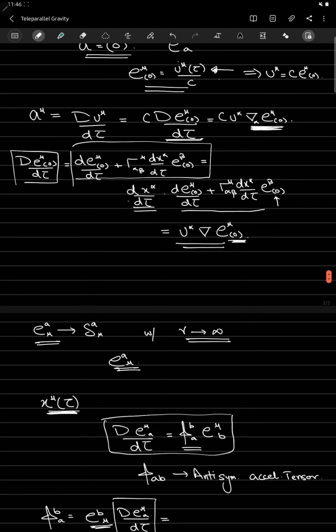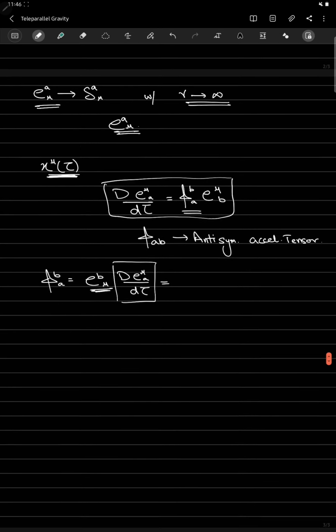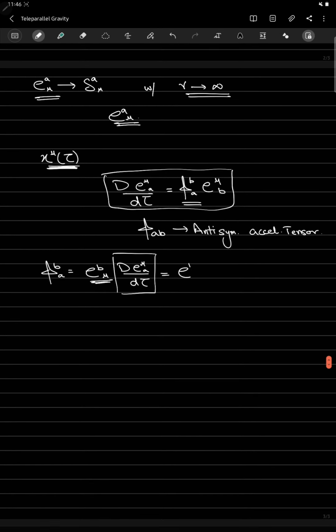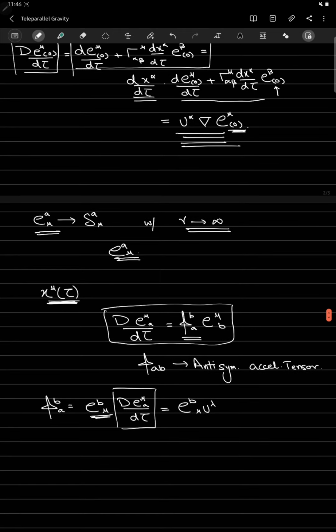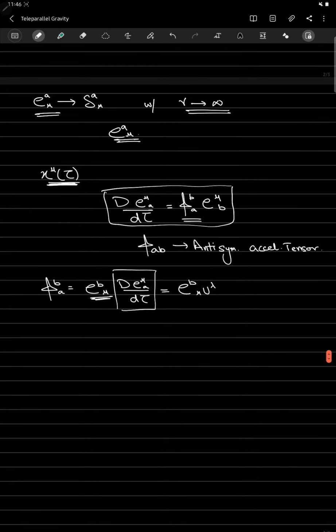If you look at it, it was defined as this thing, right? So I just have to write e b mu, and then I have this u lambda, right from here. So I'm just changing indices now. So we have del lambda e mu a, right? And that's how you define the anti-symmetric acceleration tensor.